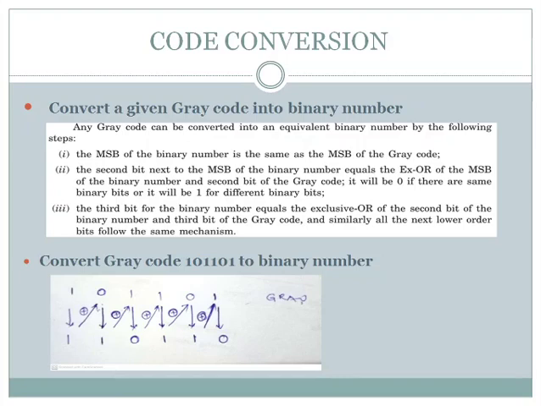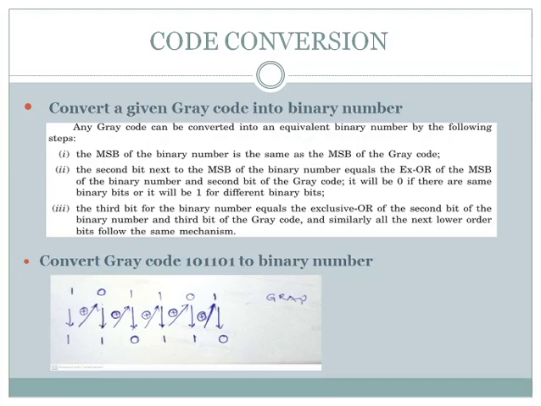Here also the conversion procedure starts at the MSB bit position and ends at the LSB bit position. The MSB bit of the binary is the same as the MSB of the gray code. To obtain any other bit of binary, we perform the XOR operation between the corresponding bit of gray code and the previous bit of the binary. This procedure of conversion should start at MSB and proceed towards LSB.